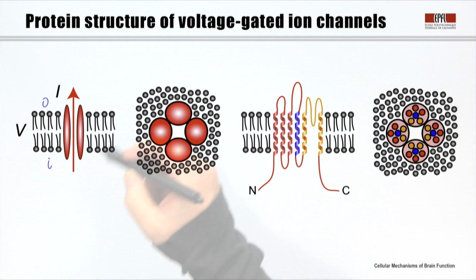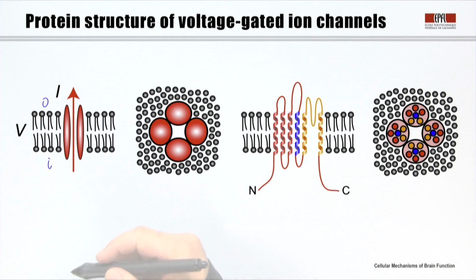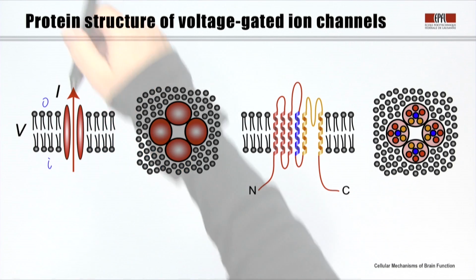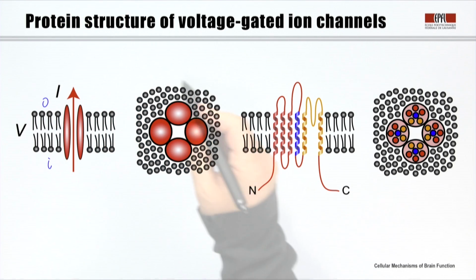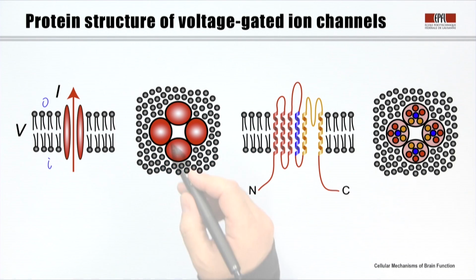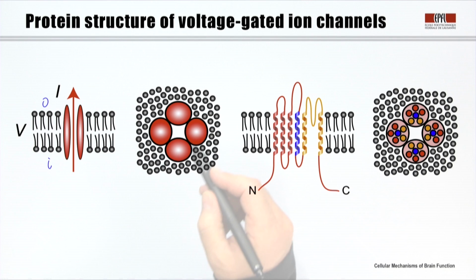If we look down upon the face of the plasma membrane and see the phospholipid head groups and the ion channel from the outside, we would see a view something like this. Here are the phospholipid head groups, here are the red subunits of the ion channel.